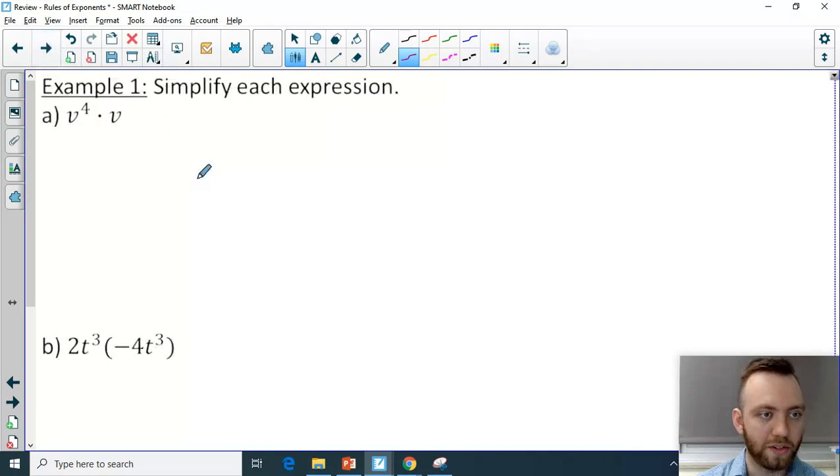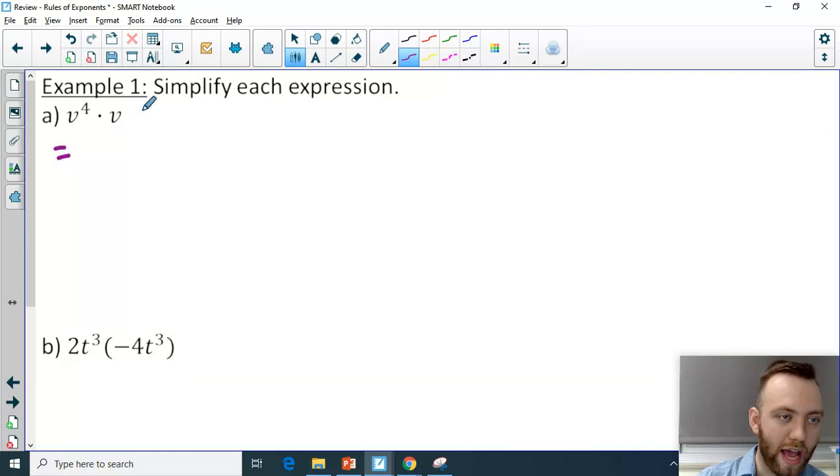So let's get into a couple examples of these. We have v to the 4th times v, and for that, we can think that v is really v to the 1st if it helps you. If it helps you, write it out: we have v times v times v times v. That's v to the 4th, right?